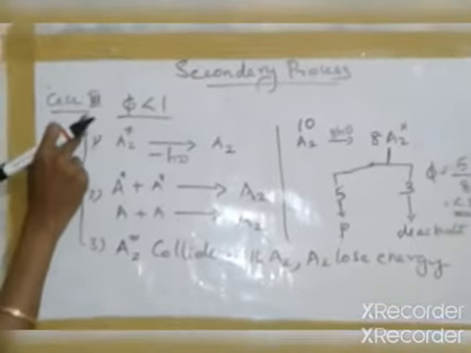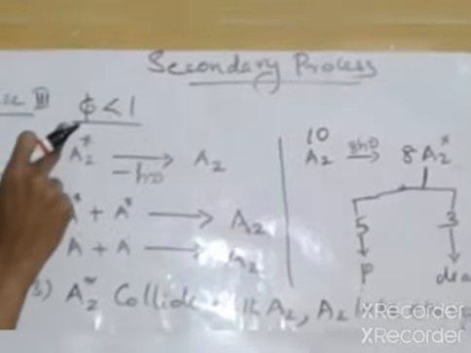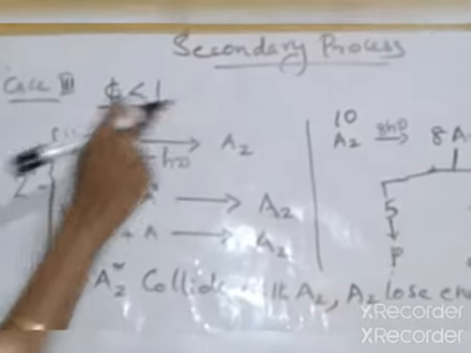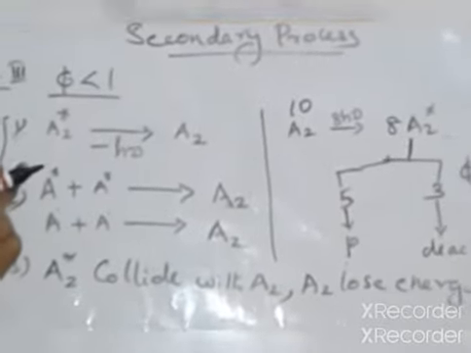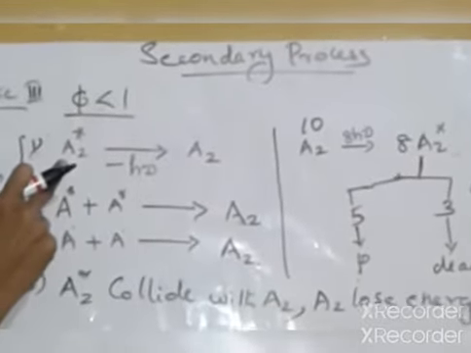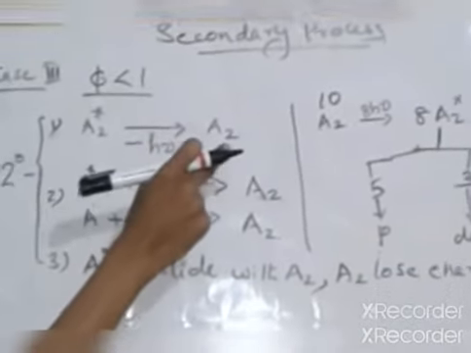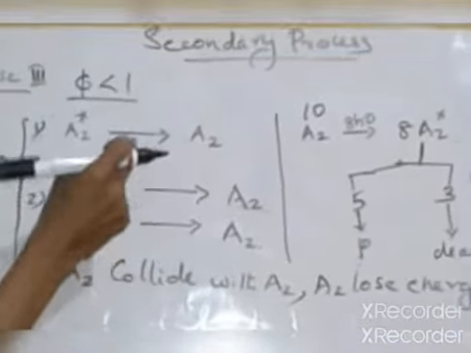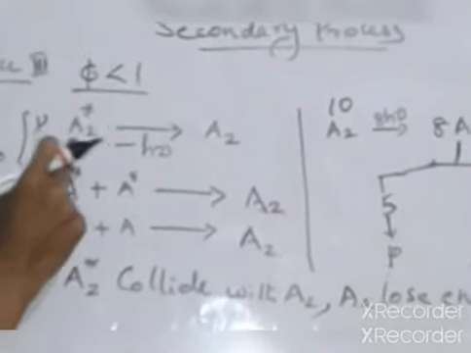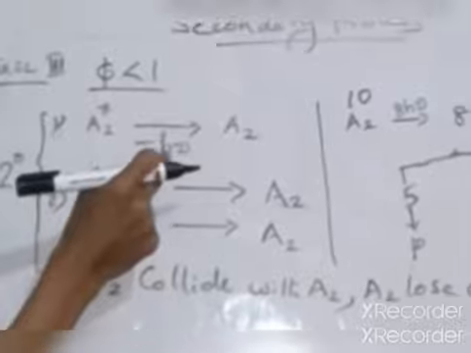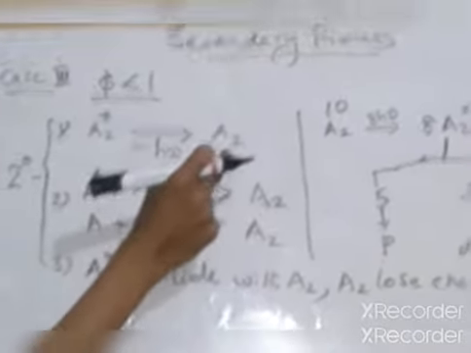Now consider case 3, that is, reactions having quantum yield less than 1. During the secondary process, the activated molecule produced in the primary step gets deactivated by emitting the same amount of energy. The activated molecule loses the same amount of energy and comes back to its initial state A2.